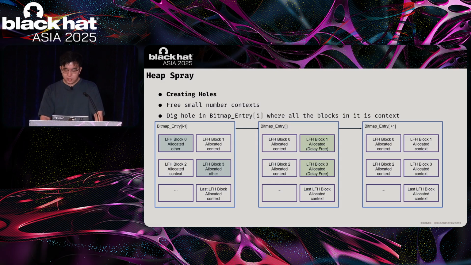Next, we free a small number of connection context blocks. This creates holes in some bitmap entries. Since we ensure that enough bitmap entries are filled only with connection context blocks, there is a high likelihood that the freed holes are located immediately before blocks containing the connection context.